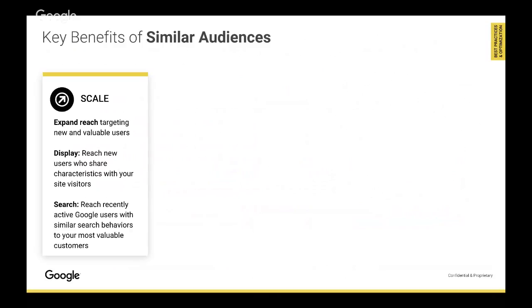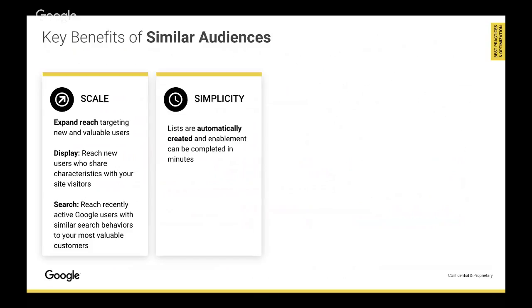The key benefit of using similar audiences, definitely one is the scale, because a lot of the time what we have seen across advertisers is that if you just retarget, you are not able to increase your conversion volume after a period of time. So it's important to open up new business by targeting similar audiences, so you'll be able to expand your reach and scale your audience.